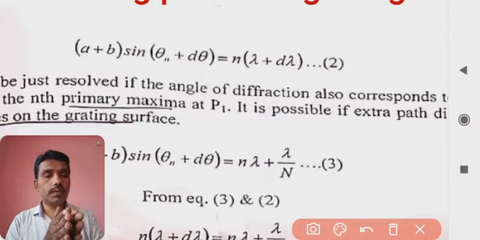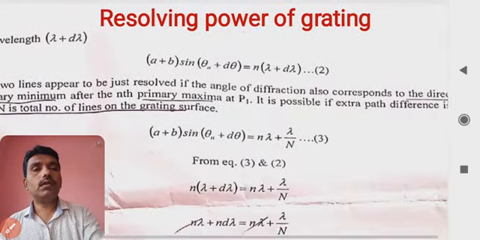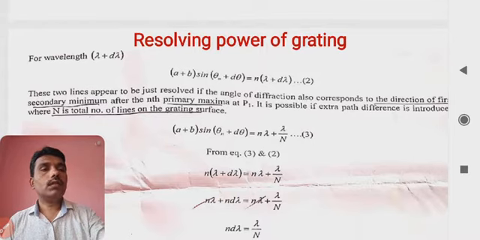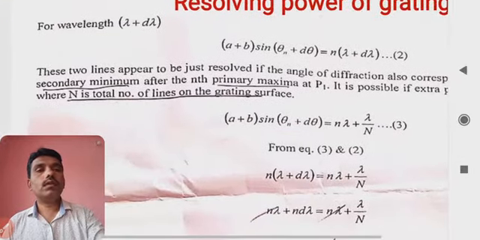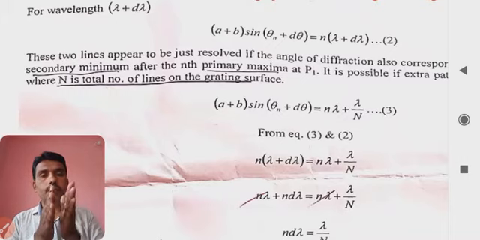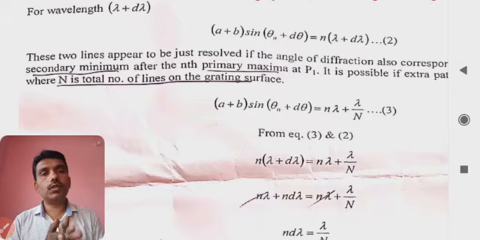According to Rayleigh's criterion, the just resolved condition is where, when the two spectral lines are very close, the central bright maxima of one corresponds to the direction of the first secondary minima after the nth primary maxima at P1. The first minima of the nearer spectrum must overlap with the maxima, or vice versa. This is the just resolved condition.